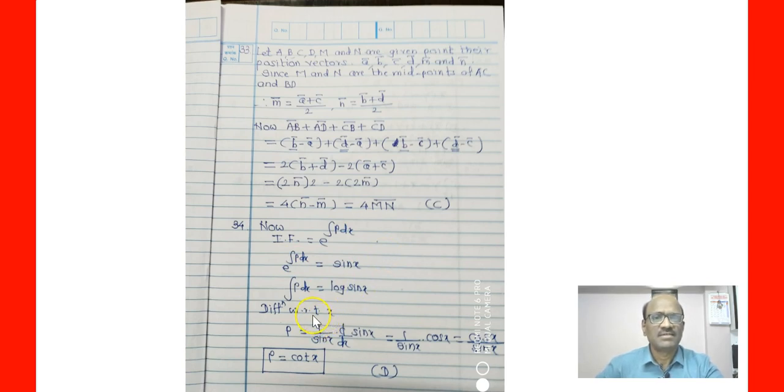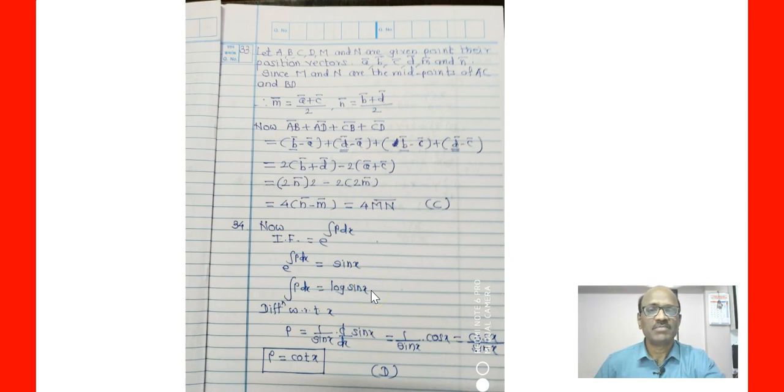We have been given that the integrating factor is sin x. Therefore e raised to the integral of P dx is equal to sin x. Therefore the integral of P dx is equal to log of sin x, because this is the exponential function, which can be converted into log form.